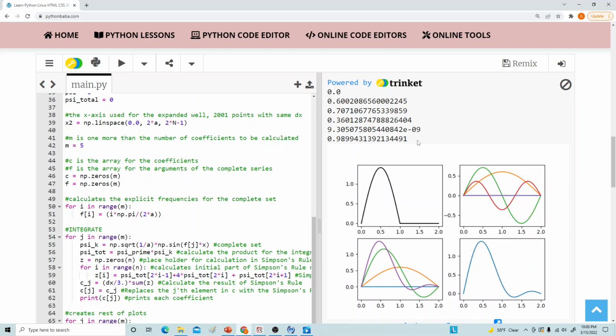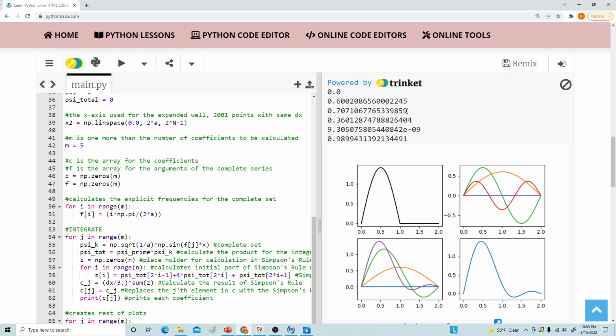you will find a 98.99% chance that you will measure the energy to be either in the ground state, the first excited state, or the second excited state. This is the coefficient of the ground state, of the orange line.